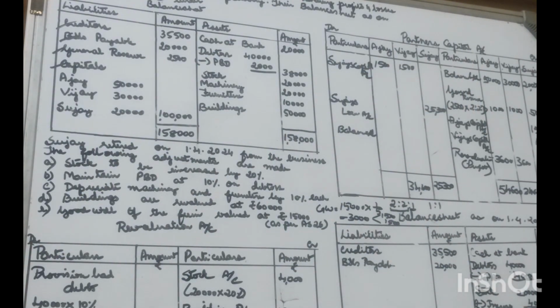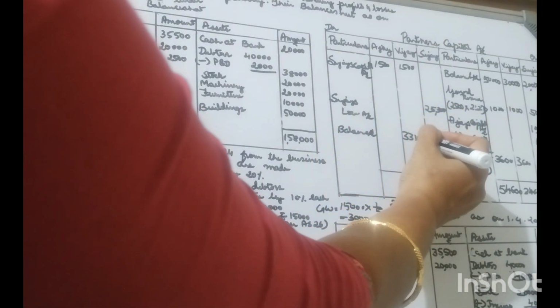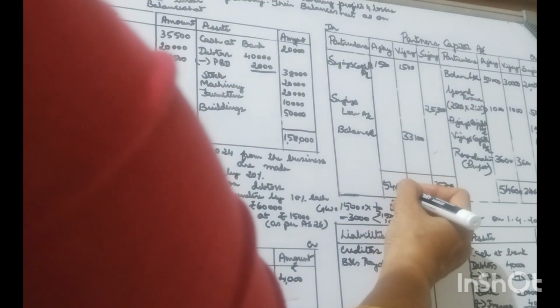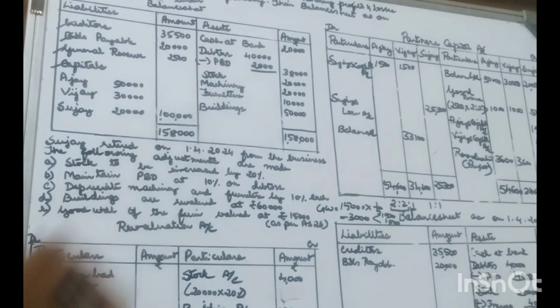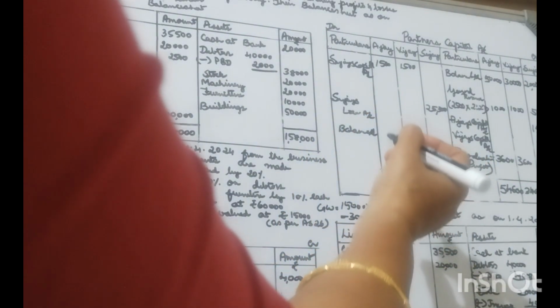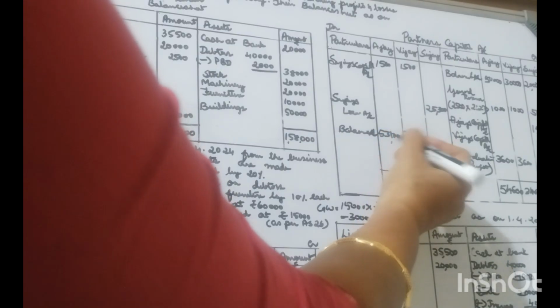So Vijay's total amount is 34,600. From that, as 1,500 is deducted, the closing balance will be 33,100. Again, from 54,600, when 1,500 is deducted, the closing balance will be 53,100.